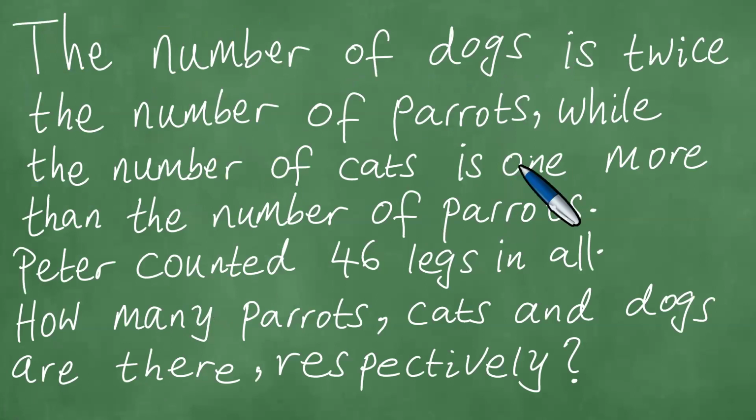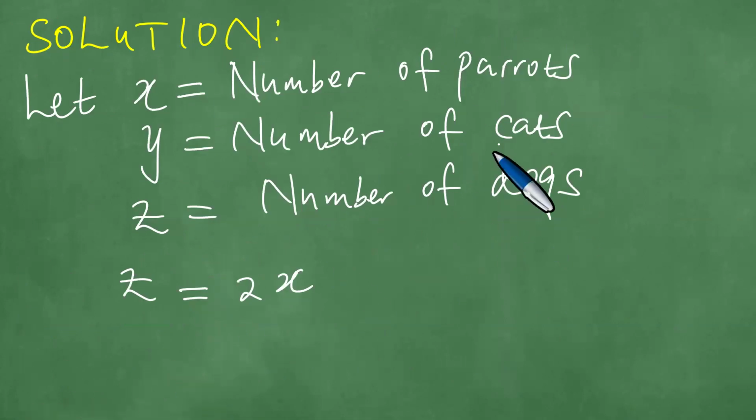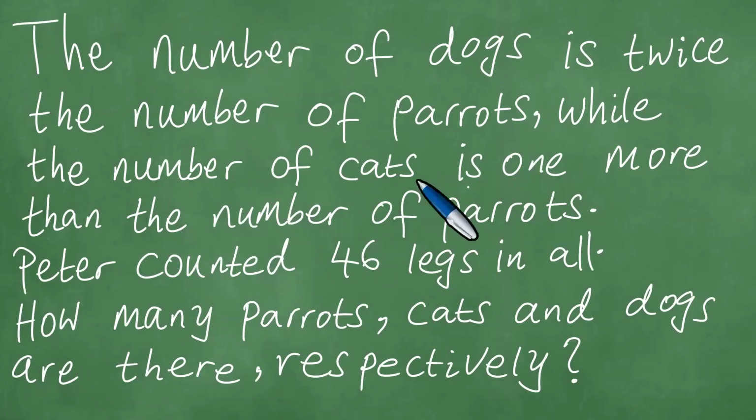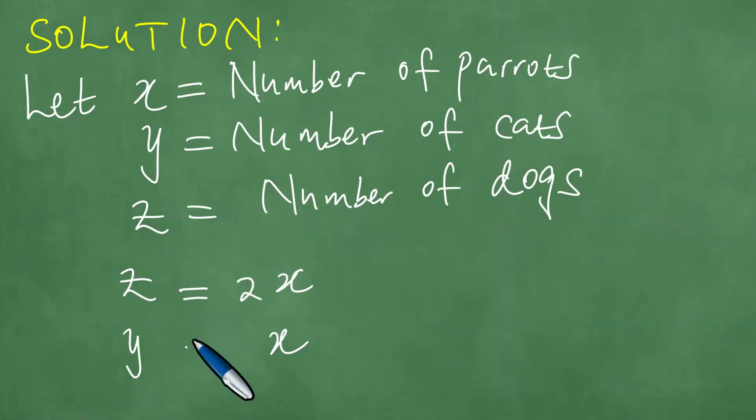Next point. While the number of cats is one more than the number of parrots, right? So the number of cats, we agree that we have y cats, and we compare that with the number of the parrots, and you realize that the number of cats is one more than the number of parrots. And therefore, if it is one more, then we need to put x plus 1 here, okay?